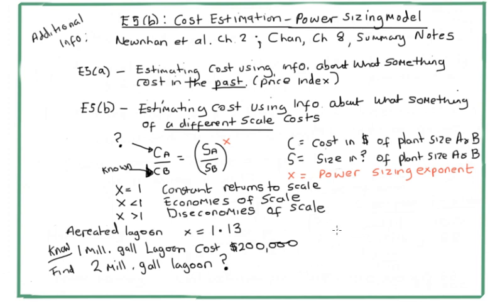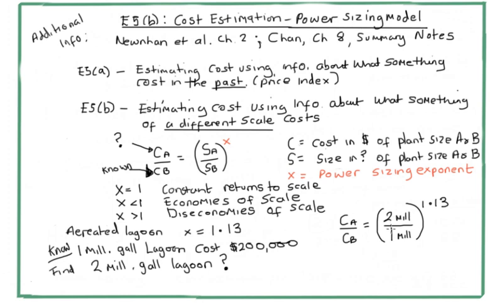So let's take a look at this. We have CA over CB, cost of A over cost of B, equal to the size of A, so that's going to be 2 million, divided by 1 million, raised to the power sizing exponent, which is 1.13.